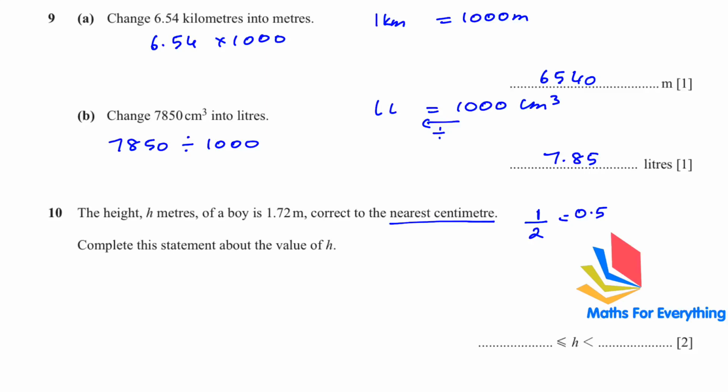To find the upper bound, we have to add 0.5 to 1.72. To find the lower bound, we have to subtract 0.5 from the value given to us. So we will have 1.715 and 1.725.